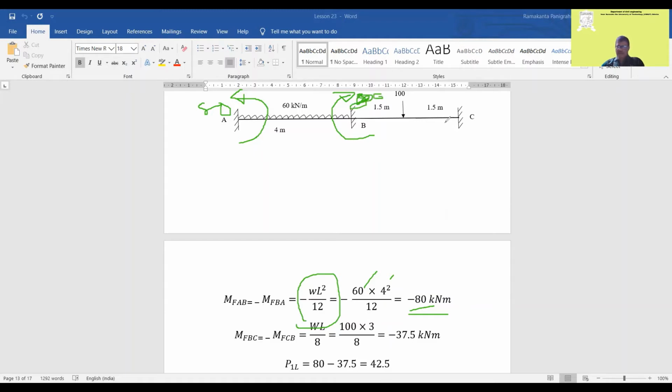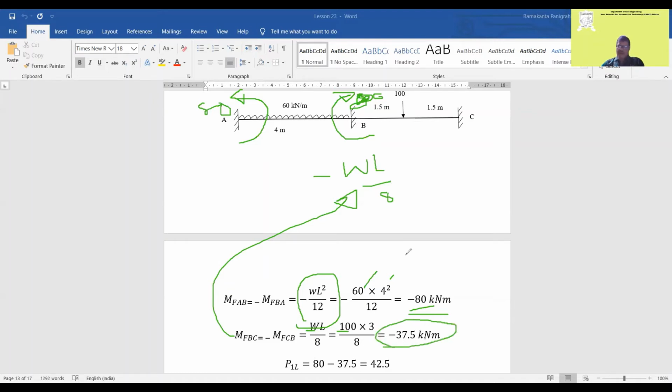Here it is your BC and CB. It is a point load at the center, so it is WL by 8, with the minus sign for MFBC. So MFBC is minus WL by 8, where W is 100 and L is 3, which comes to minus 37.5.